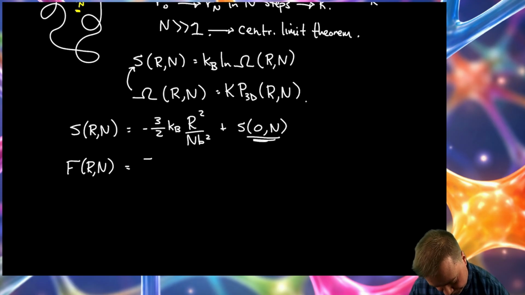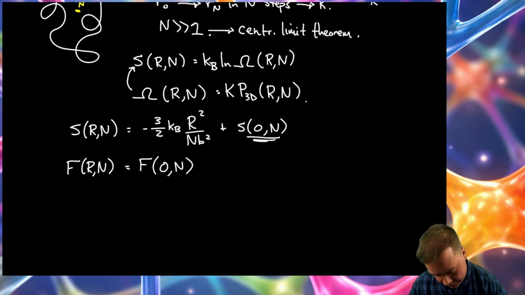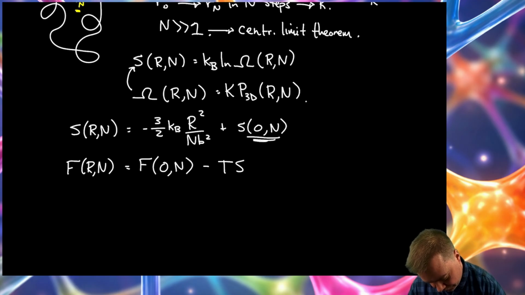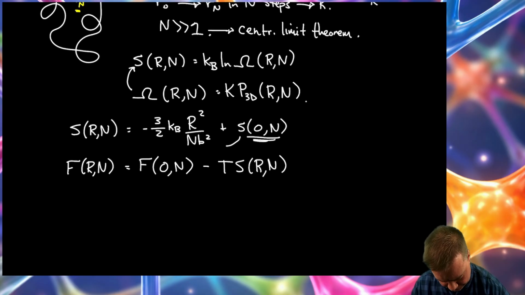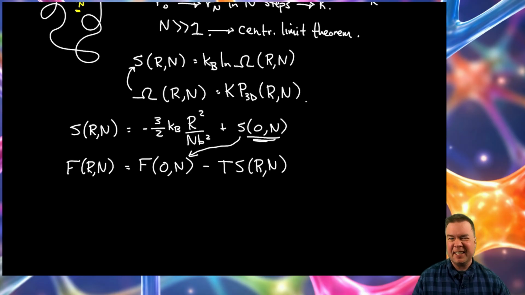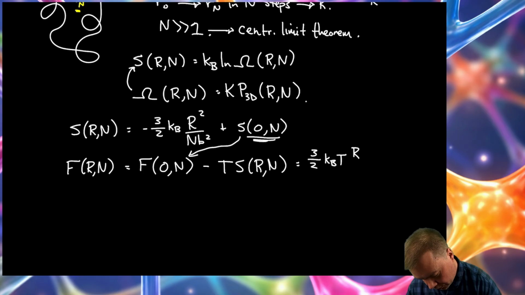We've got the free energy of a polymer chain that does not depend on the size of the chain, but only on the number of segments, and then T times the entropy of the polymer chain that has size r and n segments. It's kind of a weird way to put it because this constant ends up being grouped in there, so my notation's a little weird. But the TLDR of that is that we get plus 3/2 k_B T r squared over n b squared.